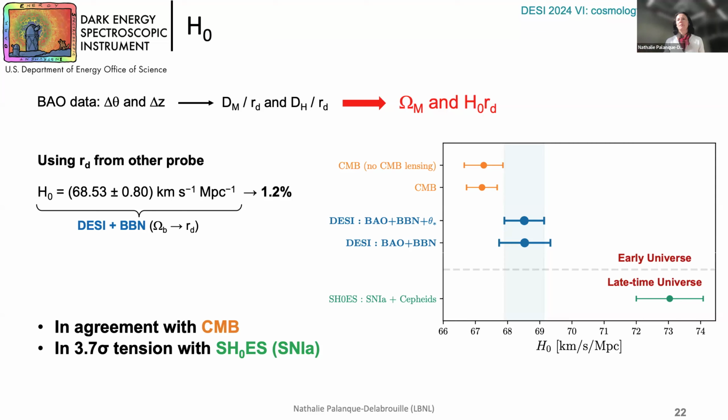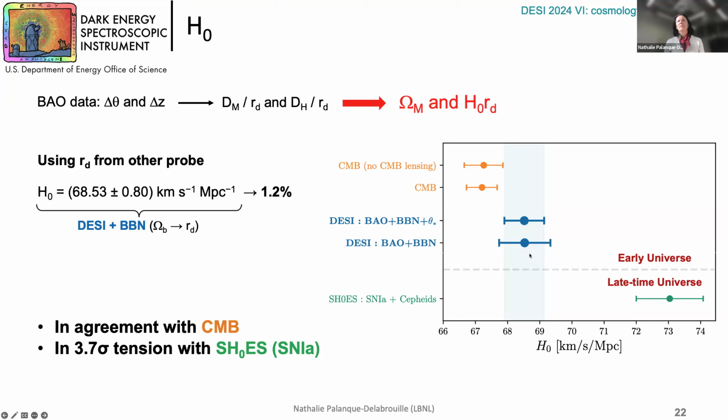And because the BAO feature is related to the sound waves of the primordial acoustic waves, its characteristic scale depends on their velocity, and that velocity depends on the density of baryons. So by using Big Bang nucleosynthesis, we can actually determine that characteristic distance rD, and therefore break the degeneracy between these two parameters from DESI alone, and determine H0 with 1% precision.